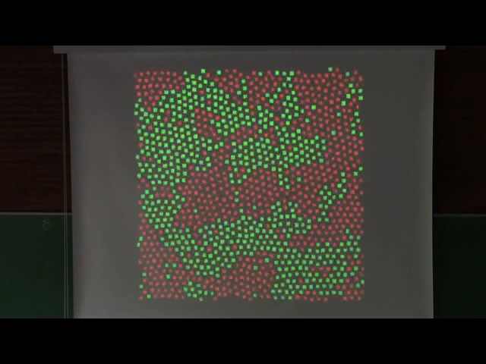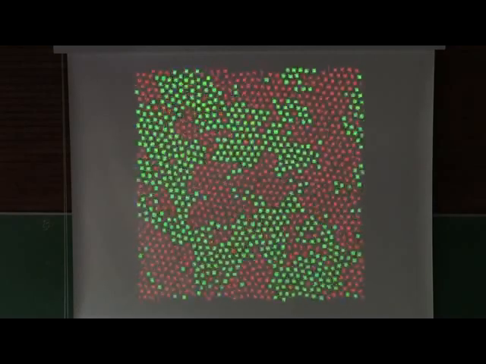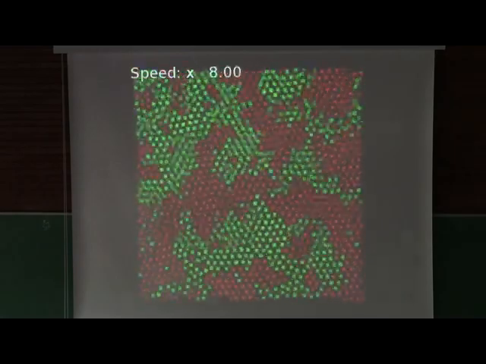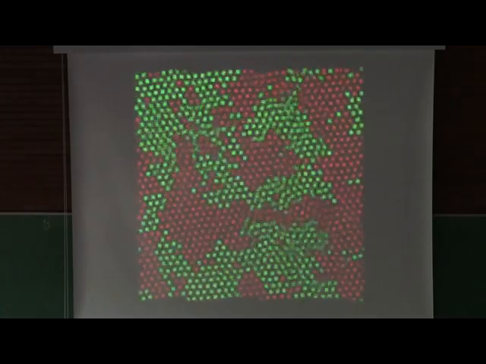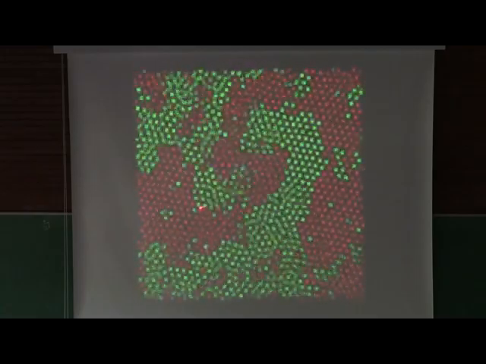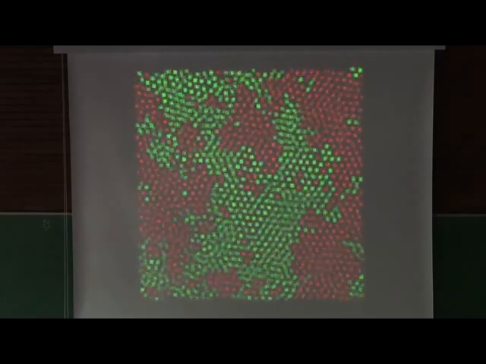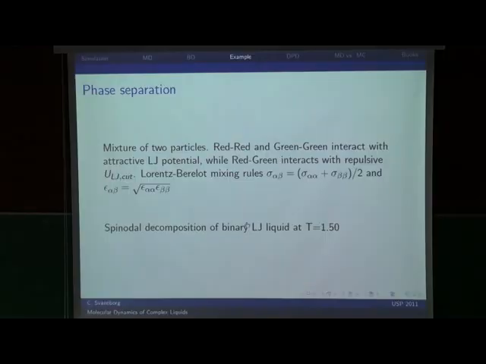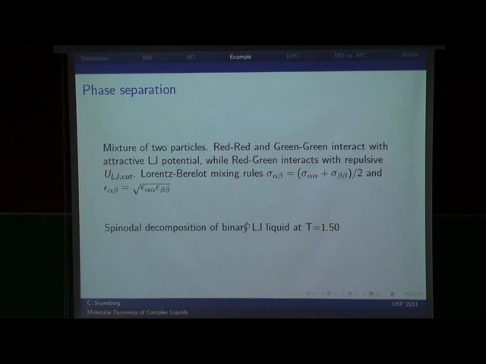So we can study the dynamics of spinodal decomposition in this very simple way. And if I speed up, what you can see is that the domain sizes are growing, but the structure actually remains. It looks similar, the scale is growing, but the structure remains the same, which is characteristic of spinodal decomposition with these fractal scaling patterns.